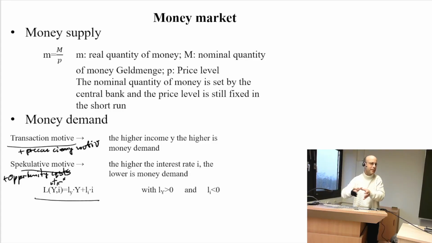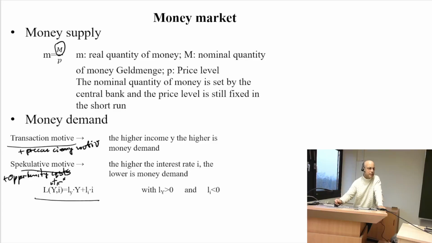This is an assumption. In reality, we know that there's a steering process via interest rates, but at this step in our model, we assume that the central bank can set the amount of nominal money, M.